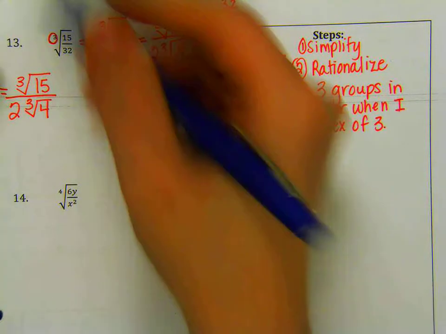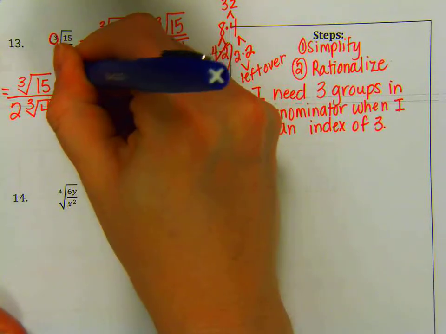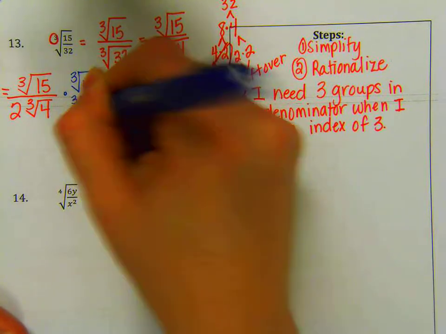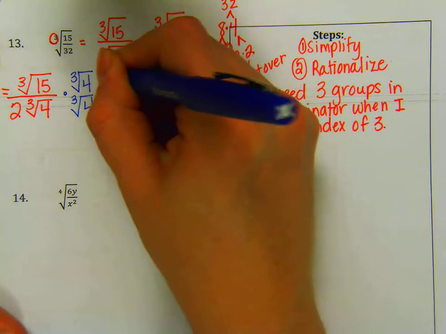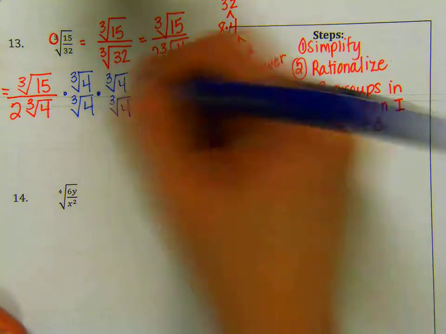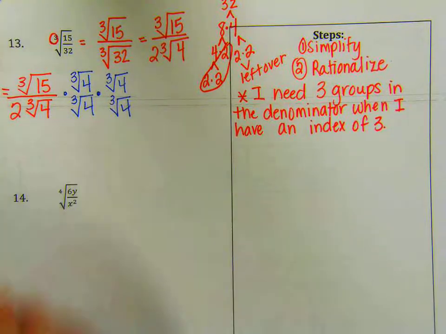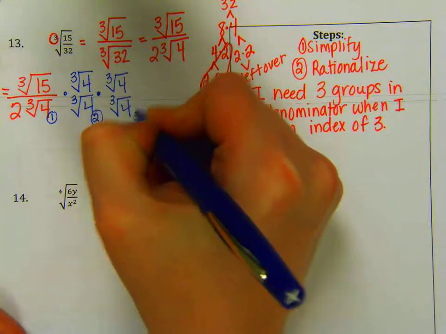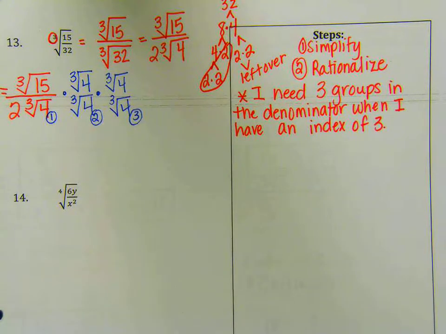And I need to multiply it by the cubed root of 4, so that there are 3 groups of that in the denominator. So here's 1, 2, 3 of these cubed root of 4s. I need to have 3 of them in order to get rid of the index of 3.